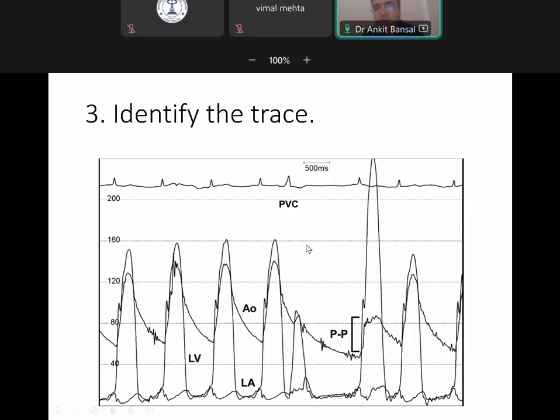So LV contractility is increasing, SVR is decreasing, causing a disproportionate increase in the dynamic LV outflow tract obstruction, leading to the markedly increased gradient.